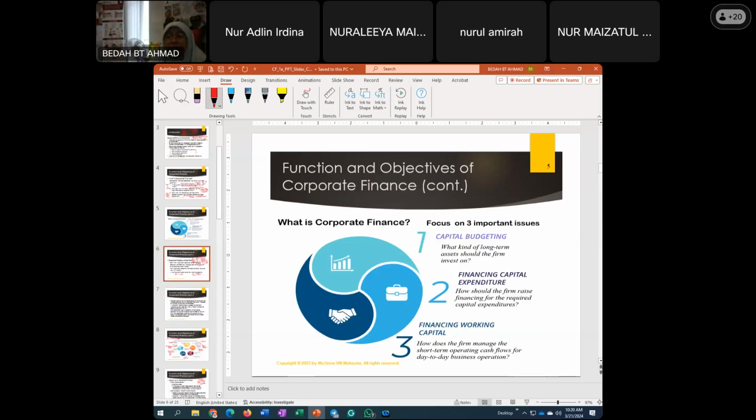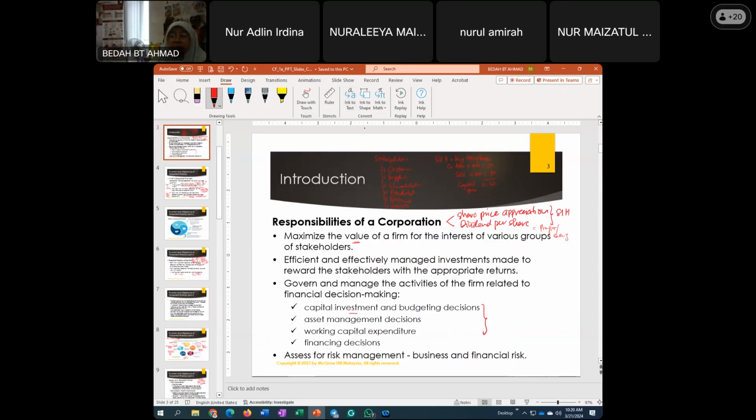Remember on the first slide, we studied stakeholders. These stakeholders we can also call claimants. Claimants means those parties that can have financial claims. Financial claims on what?